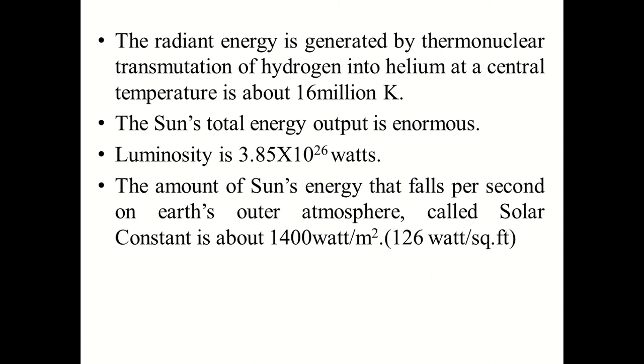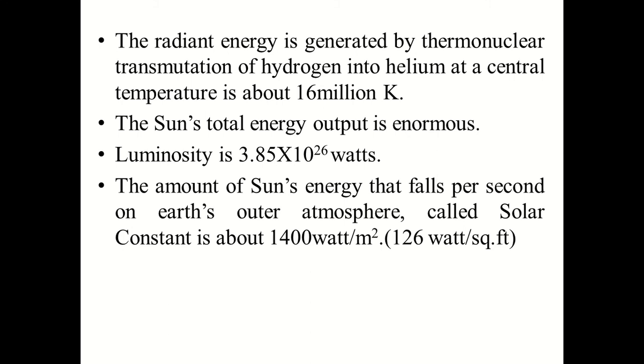So this very high temperature provides sufficient energy to overcome the electromagnetic repulsion between the two nuclei and to fuse together to form a helium nucleus. The two hydrogen atoms fuse together to form a helium nucleus, and the mass defect is converted into energy according to the expression delta m c square and is radiated out.